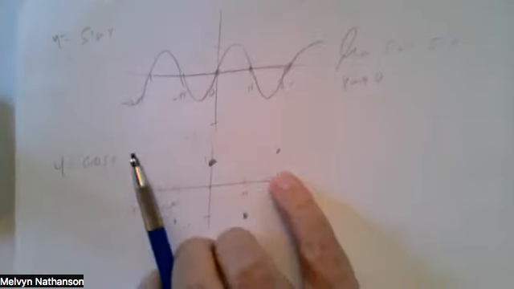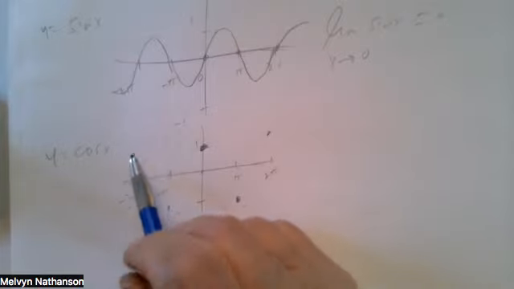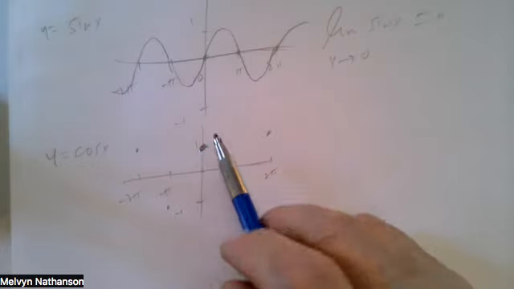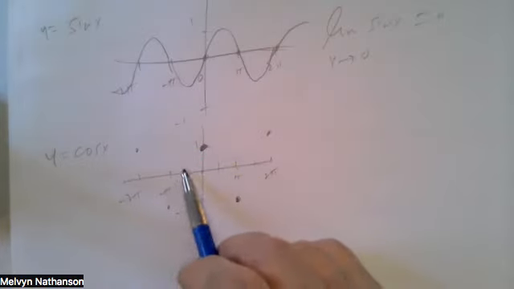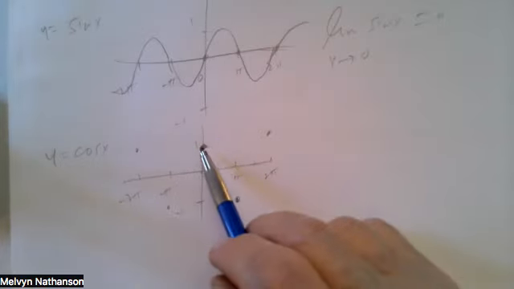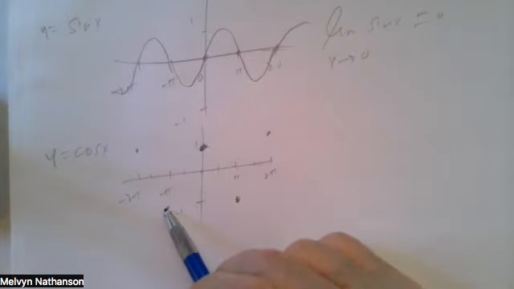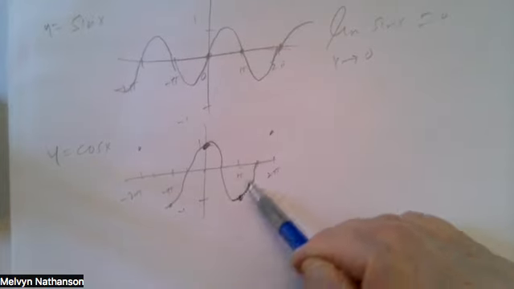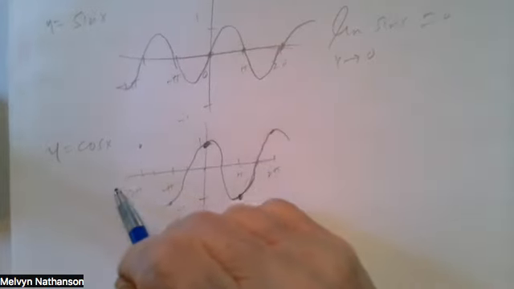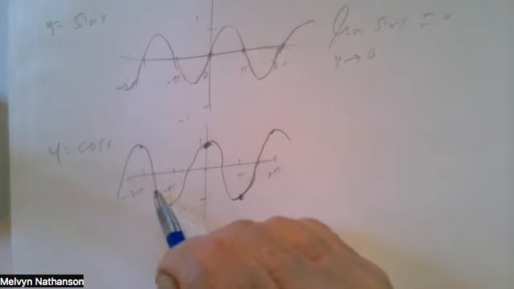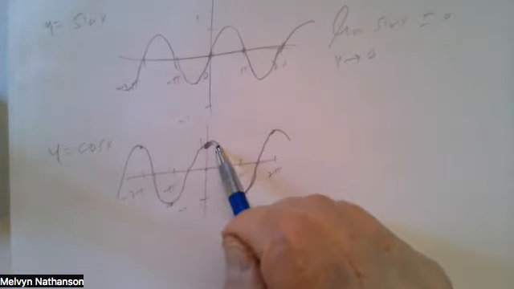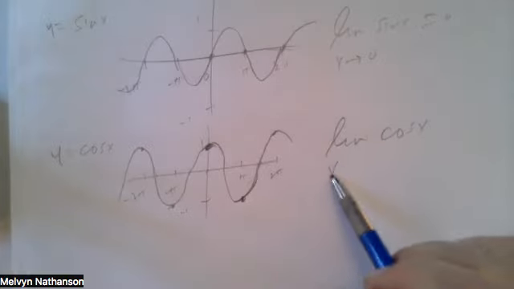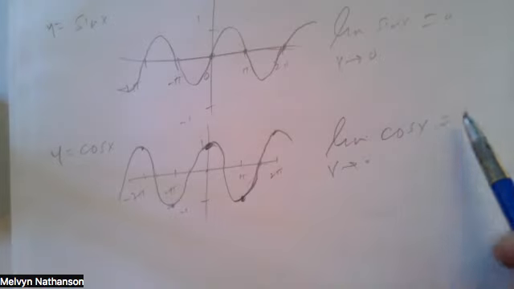At minus pi, the cosine is -1. At minus 2 pi, the cosine is +1. And it is 0 at odd multiples of pi over 2. So the graph of the cosine looks like this. And the limit of the cosine of x as x approaches 0 is equal to 1.